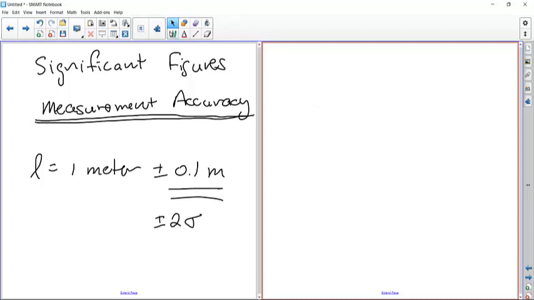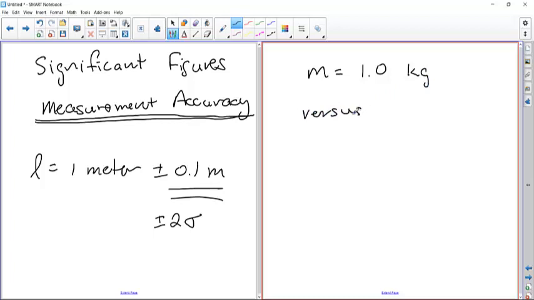So let's give you an example. Let's say the mass is equal to 1.0 kilograms, versus the mass is equal to 1.01 kilograms. So this mass has more accuracy than this mass, and we show that by the number of digits.